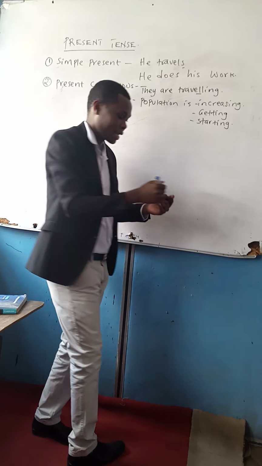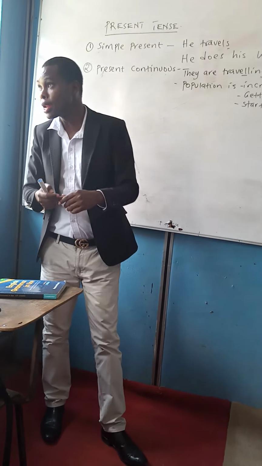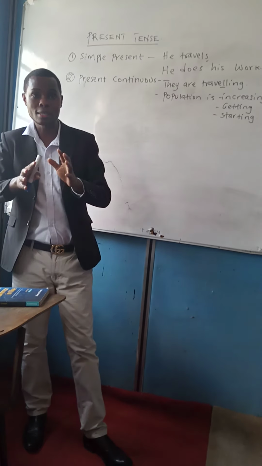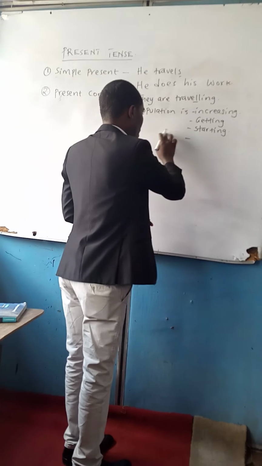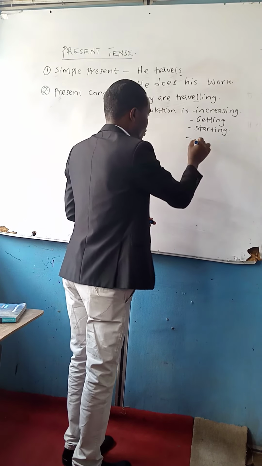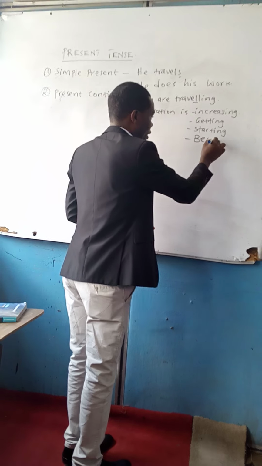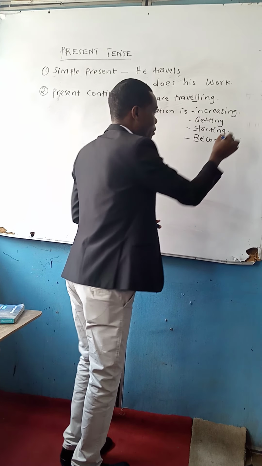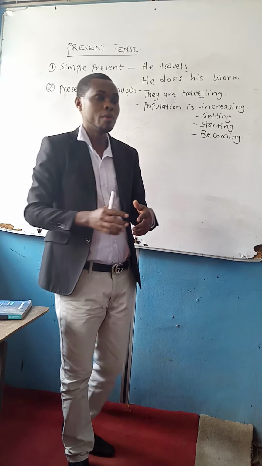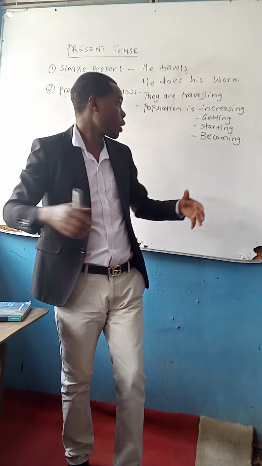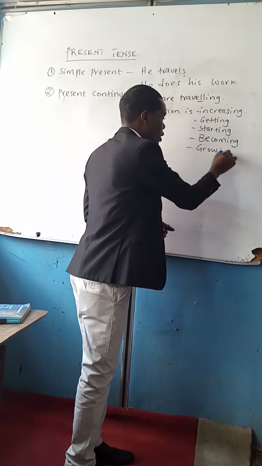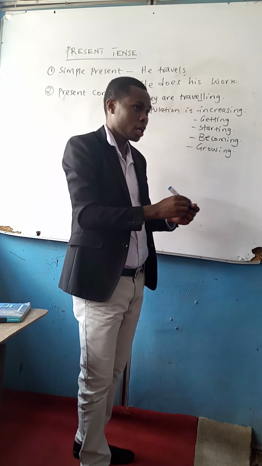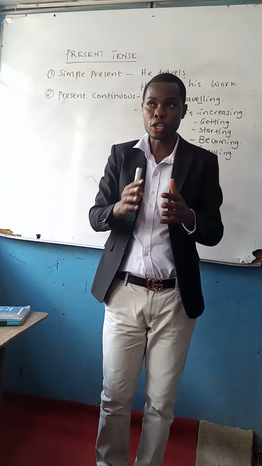For example, when I say it is starting to rain, that means that there is some change that is being experienced. We also use verbs like becoming. For example, when you say you are becoming bigger and bigger, or you are growing bigger and bigger. We can also use verbs like growing to say that there is that change.